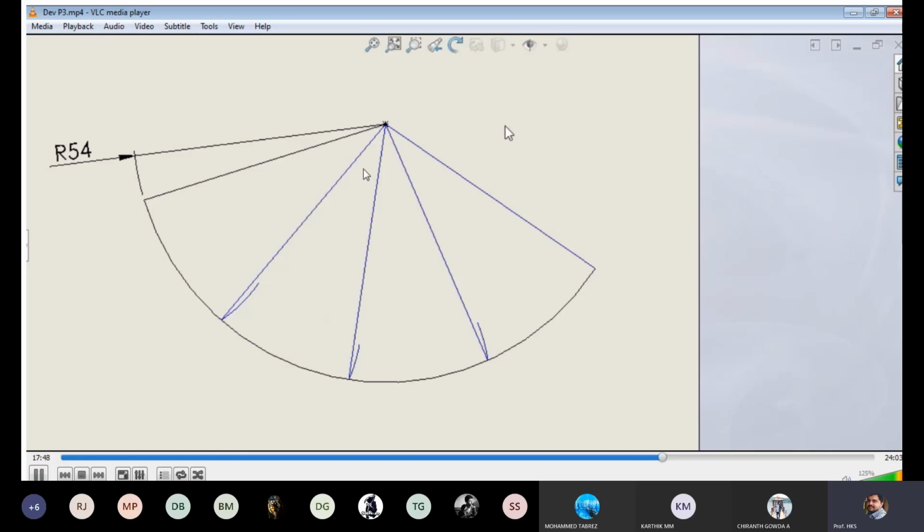Then you have to connect the points. So these are the slant edges in development.